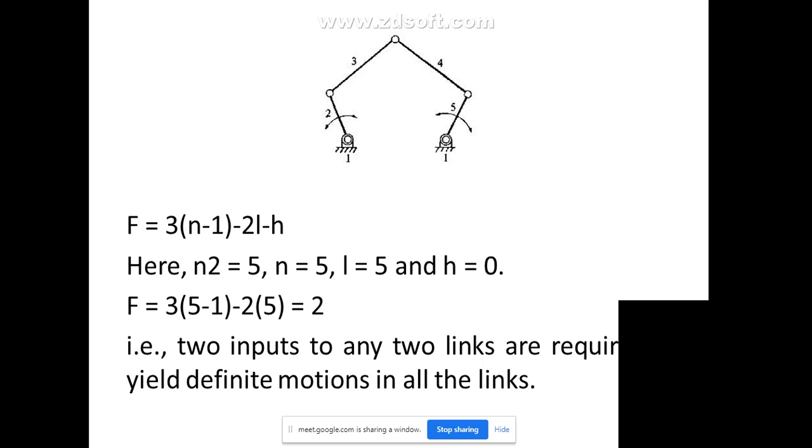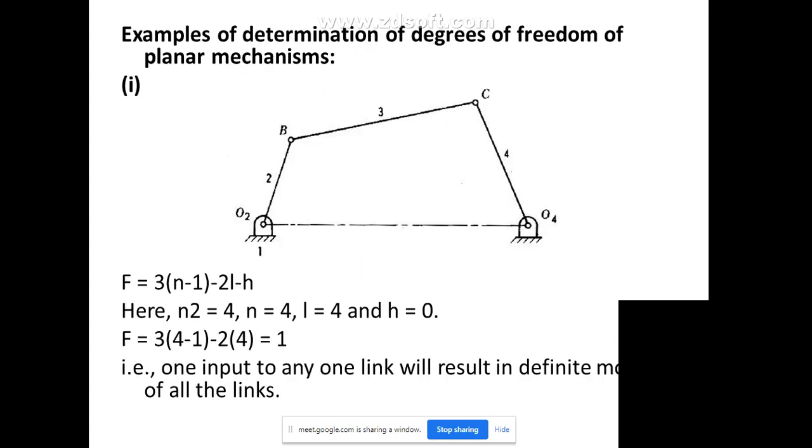The word definite motion is important. If you give motion to a link, 3, 4, 5 will all move anyway, but it will not be a definite motion. Whereas in this 4-bar mechanism, you can predict it directly with only one input. You can make the entire mechanism move in a definite path.